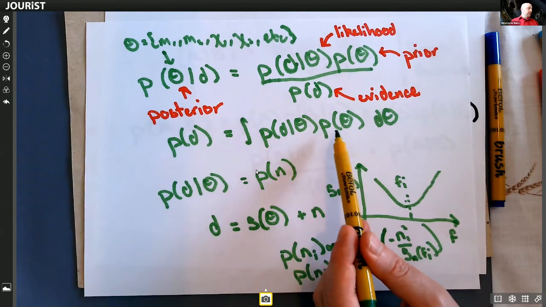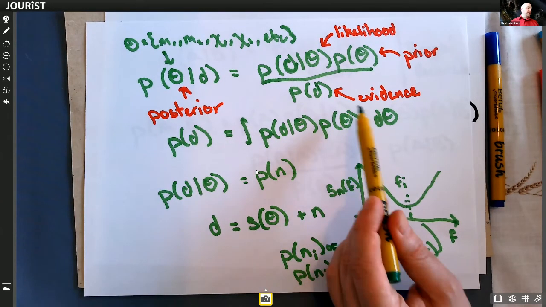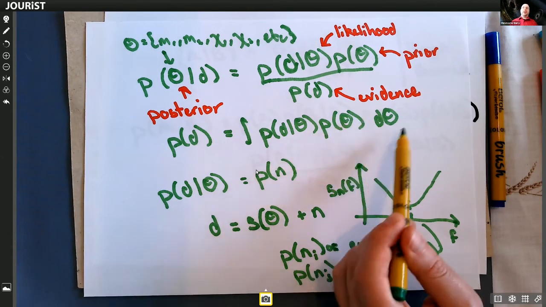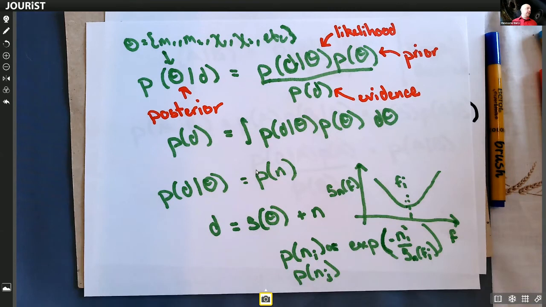And then we need to consider all possible values of theta, all possible values of source parameters. So we do the integral over the entirety of parameter space. So this is the probability of having this particular realization of the data given our prior assumptions. Does that make sense? This often takes the most thought to try and get your head around.